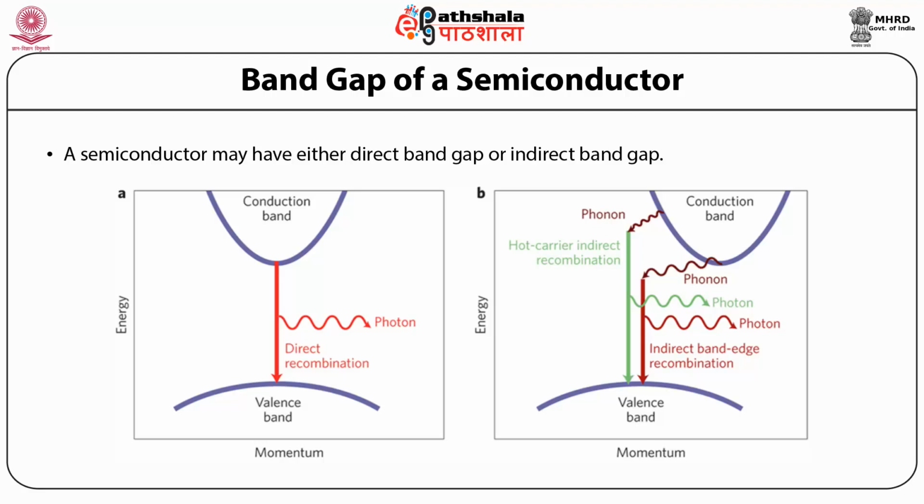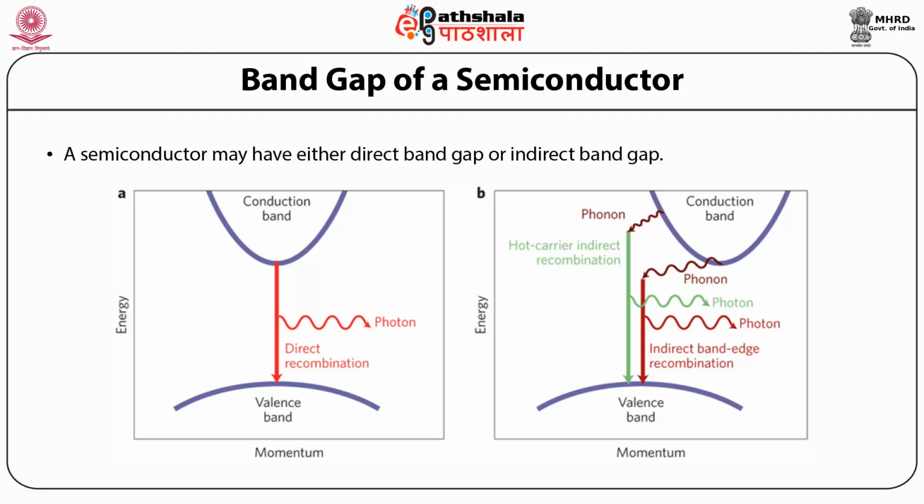However, an electron must also undergo a significant change in its momentum for a photon of energy Eg to produce an electron hole pair in an indirect band gap semiconductor.